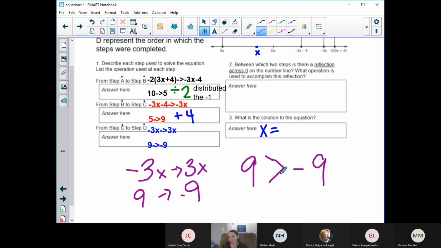What other operation gives us a smaller value? No, added makes it bigger. Multiply makes bigger. What's the opposite of multiplication?